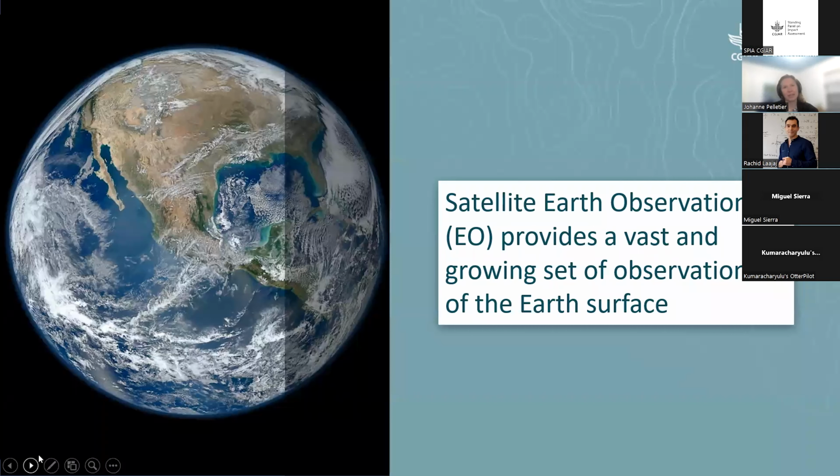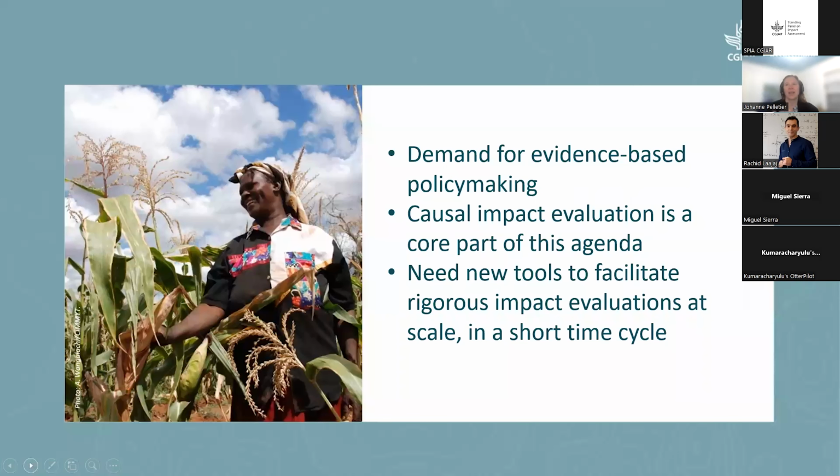On the other hand, there's also a confluence of planetary crises that we're facing. There's a growing demand for data-driven, evidence-based policymaking. One example is the focus under the Sustainable Development Goals to define specific targets and build relevant indicators for monitoring progress towards these targets.